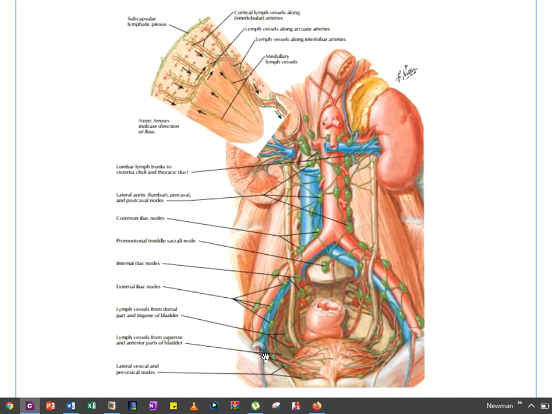So here it is urinary bladder. You can see the lymphatic drainage comes here around internal iliac, external iliac, as well as common iliac. So these are the parts which need to be evaluated when we are talking about cancer, carcinoma, malignant tumors of these particular organs.